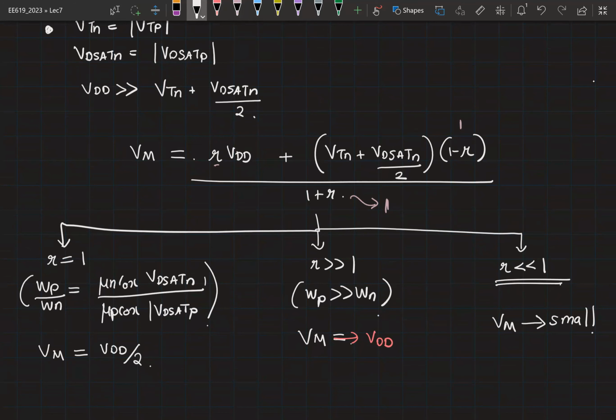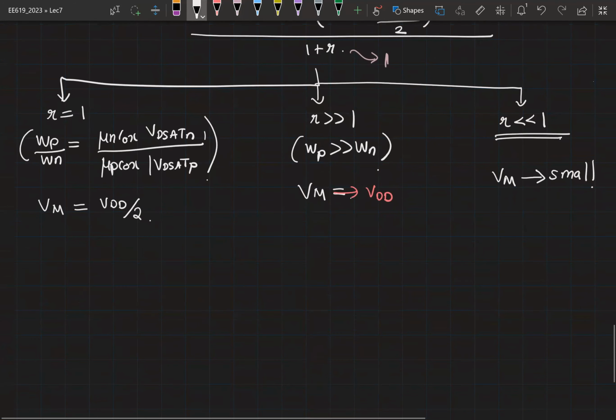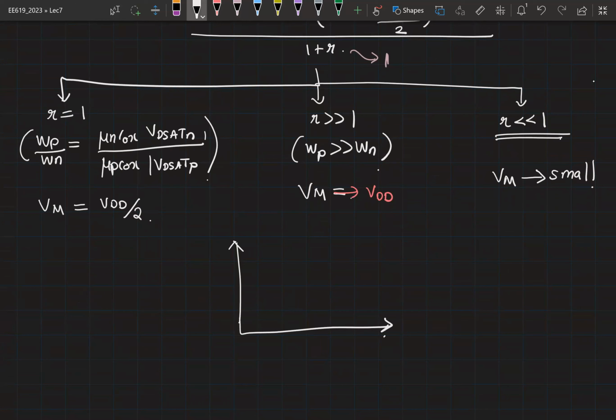Is this okay? So all that we have said now is that if you started with an ideal VTC curve like this, let's say you designed for VDD by 2, and to get this, you have to design for R equal to 1.